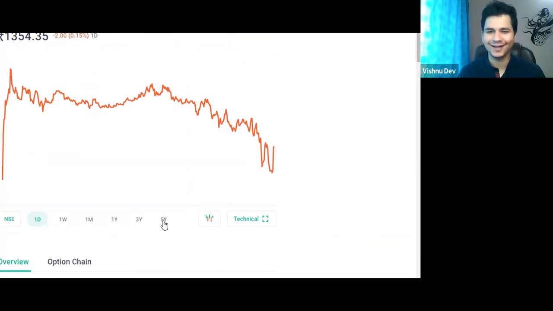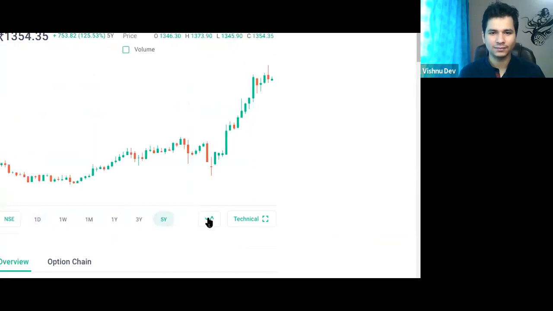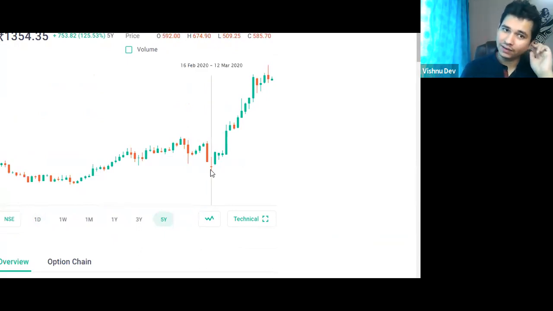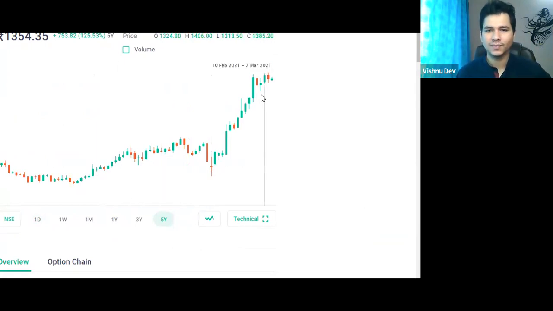So what can you see over here? You see a graph. Now this is a 5-year graph. Even a very basic person who doesn't know much, what does this graph tell? What does this graph show?